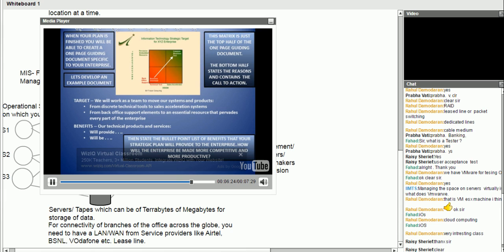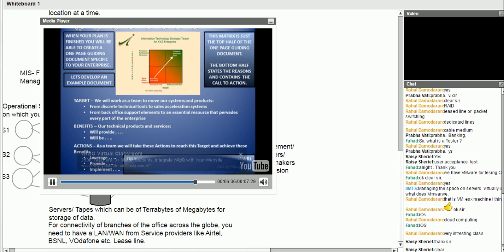This reflects my belief that technology without business application has no value. The bullet points in the benefits section will briefly state the business benefits that the information technology team will provide. Finally, there is a brief list of the strategic technical actions the team will have to take to reach the established target for this planning cycle.